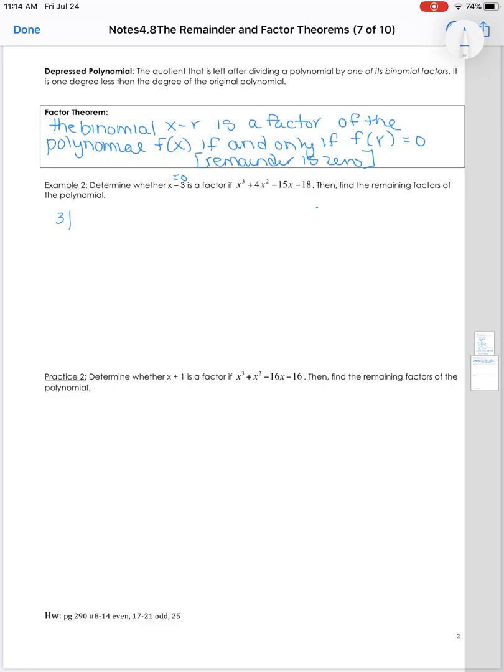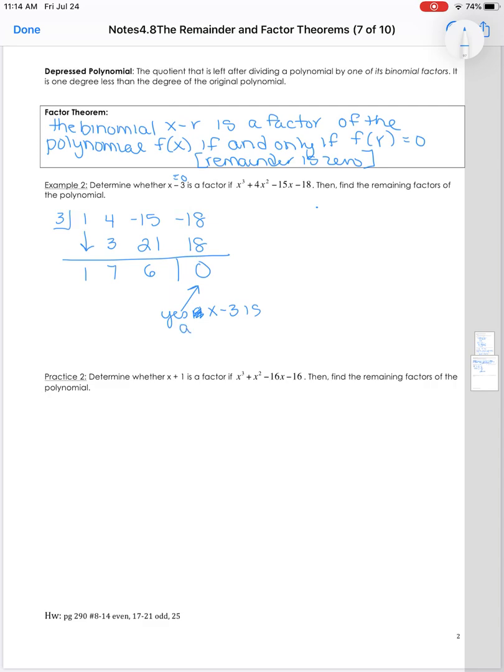So the question is asking us, is it a factor? Well, if it's a factor, then we're going to get a 0 as a remainder value. Let me show you what we mean by this, because this is going to lead into finding all the zeros as these polynomial degrees keep increasing. It says determine whether x minus 3 is a factor of that polynomial. Then we're going to find the remaining factors. We're going to use synthetic division to do this.